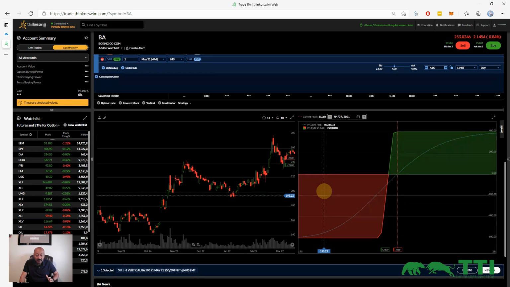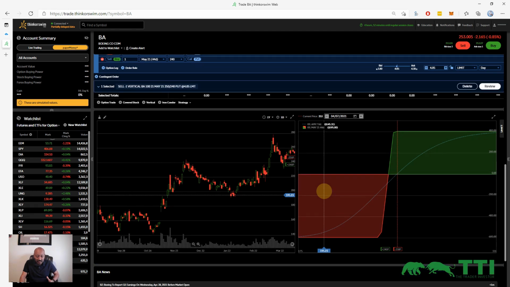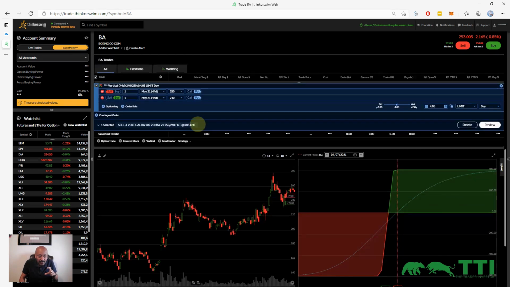The maximum I can lose on this trade is the spread width, which in this case, as you can see from here, is $10, so $1,000. But I am collecting the 400, so $600 is the maximum I can lose on this trade. Now I have minimized my risk.